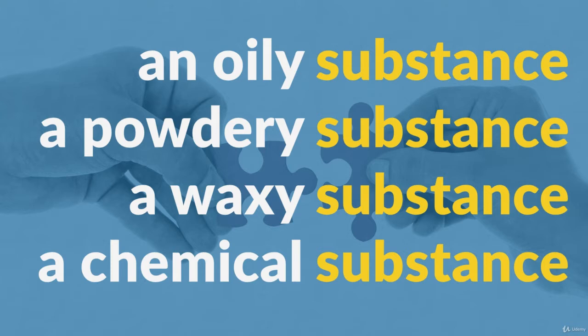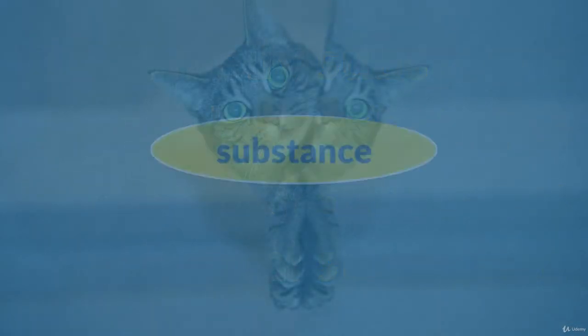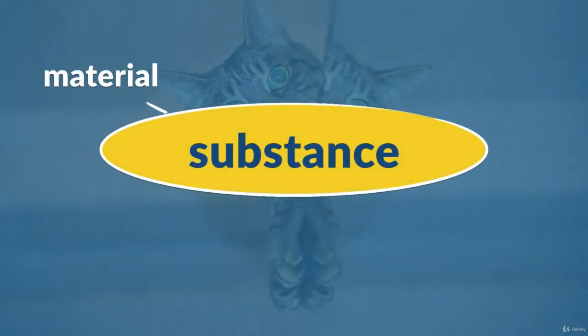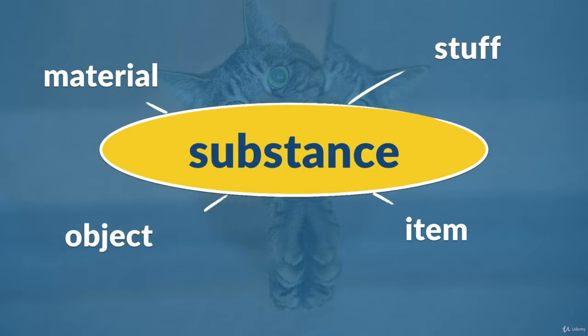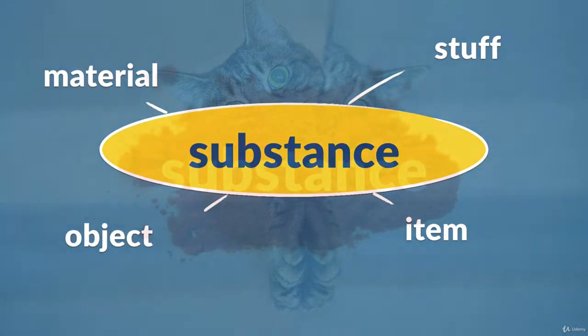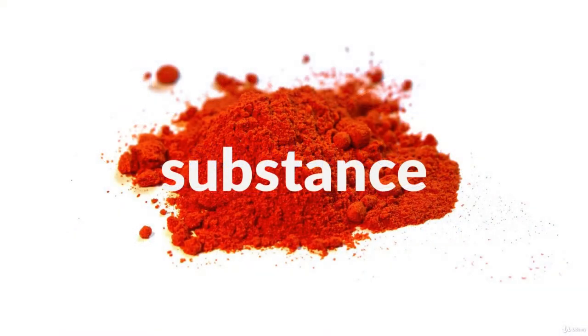So these 4 describe different types of substance. Some synonyms: material, stuff. Stuff is a very, very general word. Item, object.